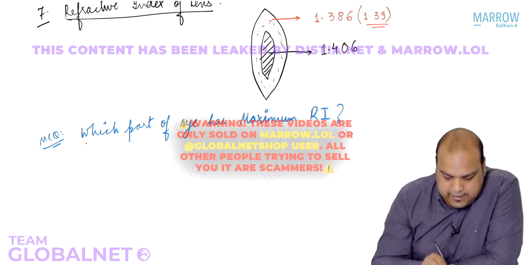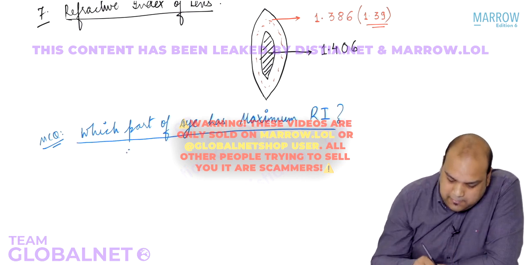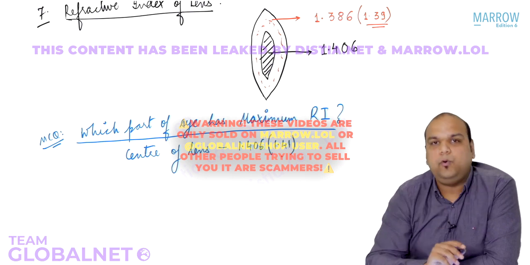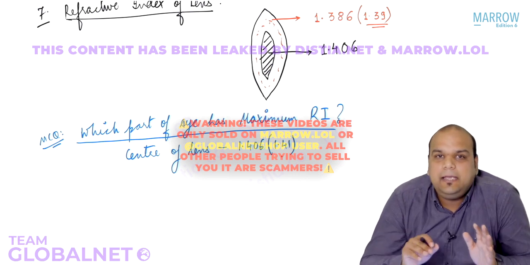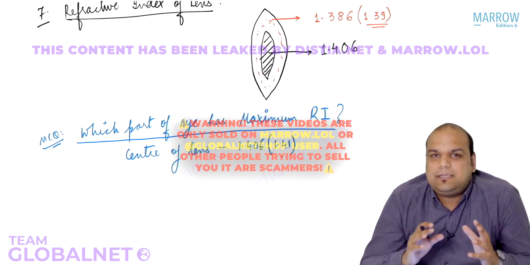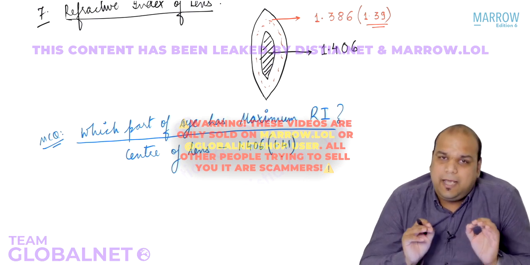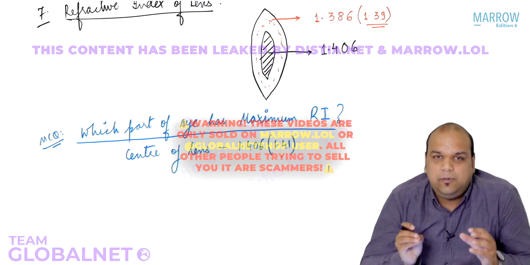So please remember, the center of lens that we have just mentioned, 1.406, or if we round off 1.41, is the structure with the highest refractive index in the eye. Cornea, aqueous, vitreous, everything else has a lower refractive index than this. So the highest refractive index that we have studied is the center of the lens, that is 1.406.